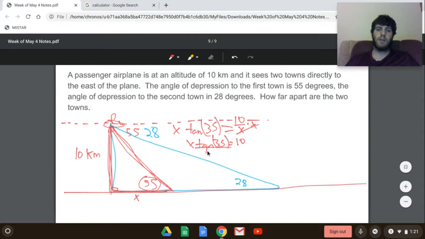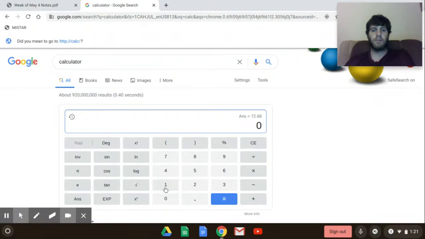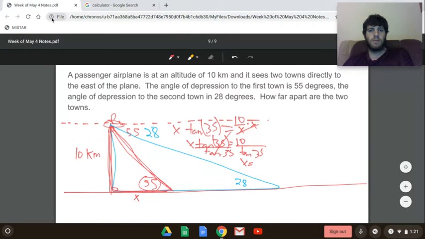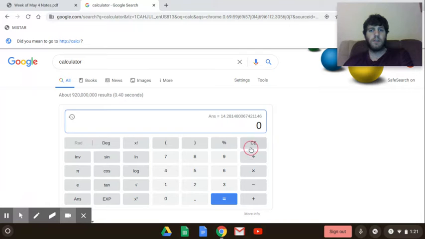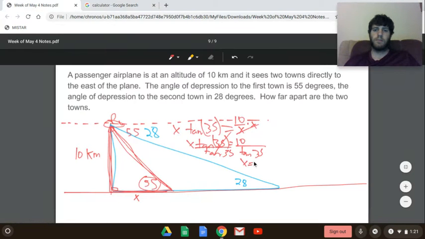Right, divide both sides by tangent 55. Okay, and we get x equals 10 divided by tangent 55. We're going to get 7.0. Okay, approximately 7.0.